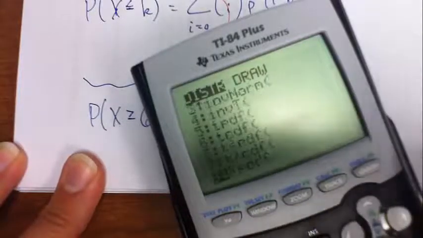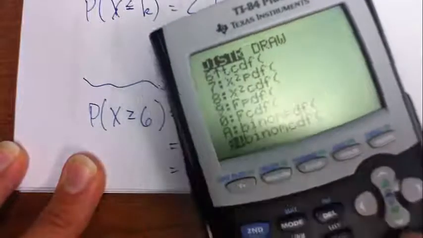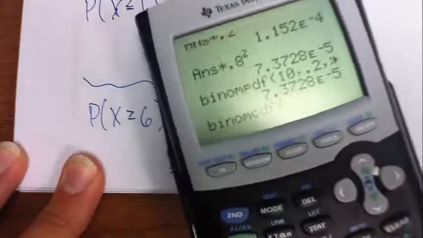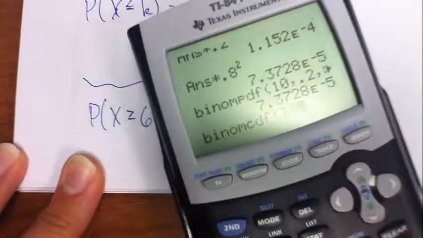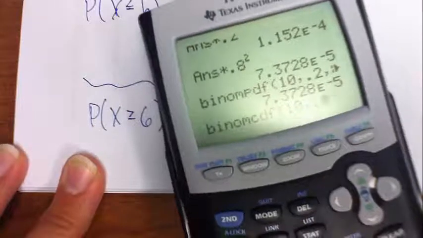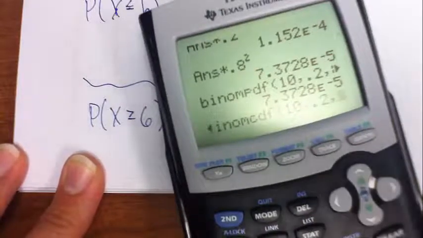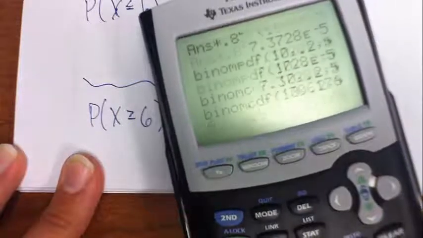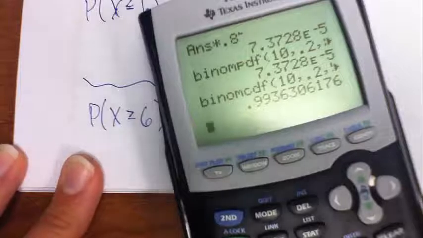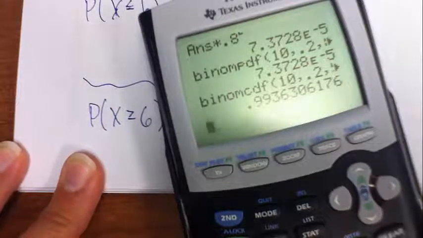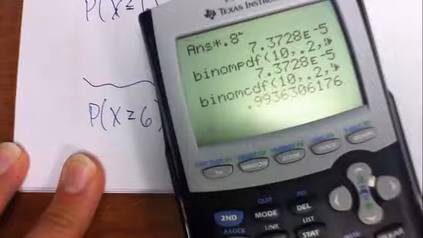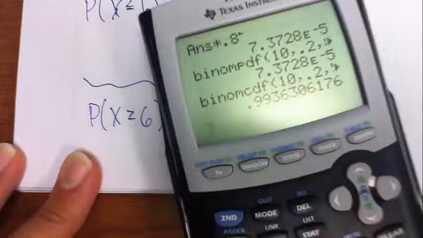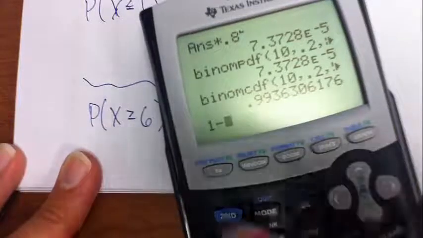Let me come down here and find that. There it is, binomCDF. 10 trials in there, 0.2, 5. Press enter. Oops, I forgot to subtract that from 1, right? 1 minus the answer there.